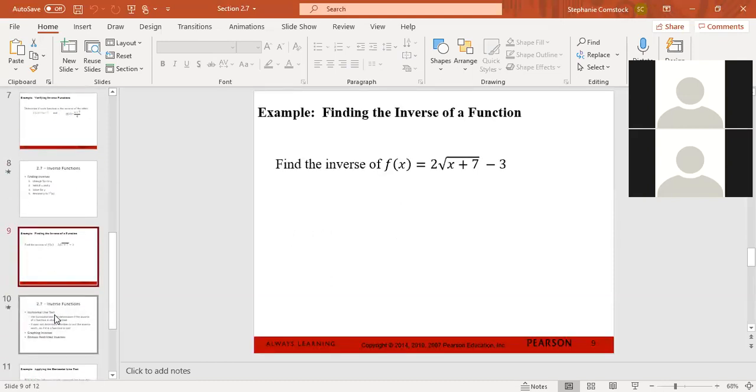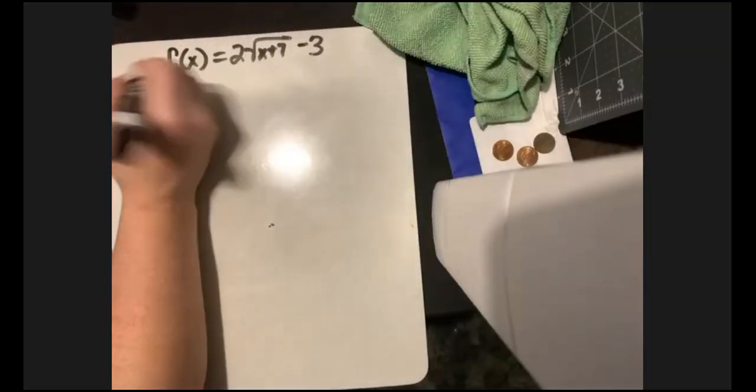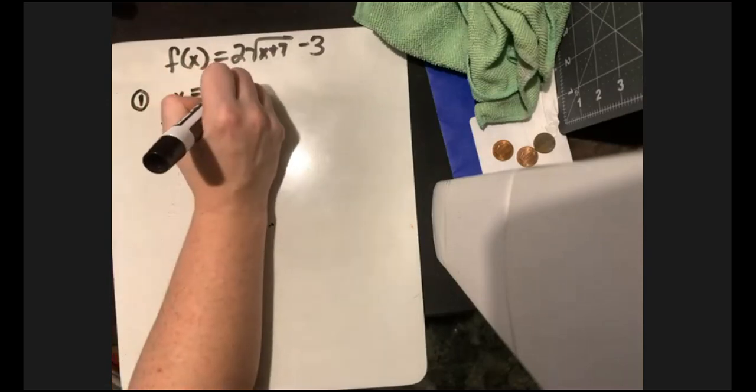So I'm going to go ahead and get this one written down. We're going to do f of x is 2 square root of x plus 7, and then minus 3 at the end. I'm going to work with this one. Okay, so we're back. So now, again, step 1 was change f of x to a y.